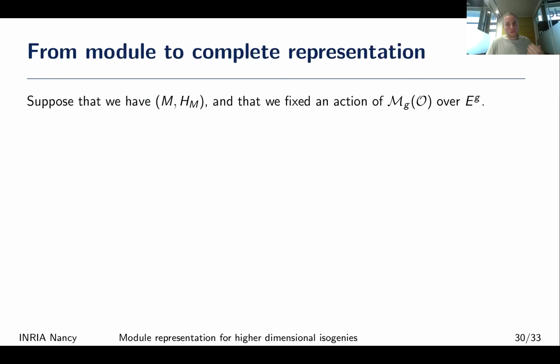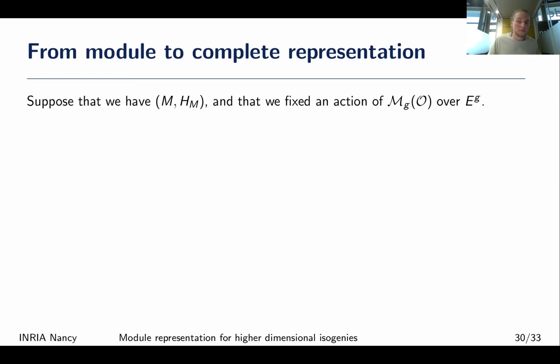And so to do so, I'm going to suppose that we have access to the module representation of the abelian variety A, and that we fix an action of the matrices over E^g. It's really that you decide to order the coordinates of an element of E^g, and you choose, in the most natural way, a matrix applied to such a vector of coordinates. So it's really something very natural, but we need to fix some action at first.